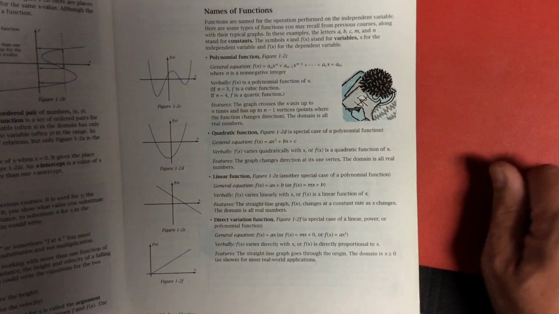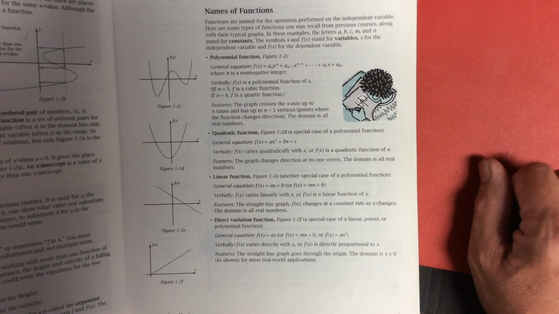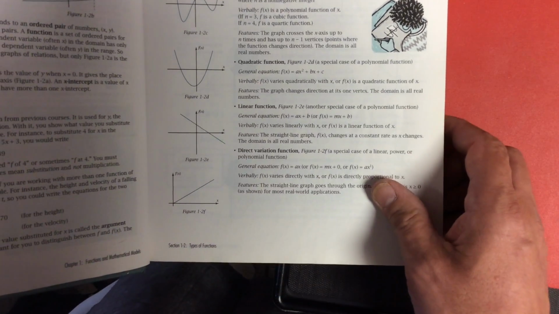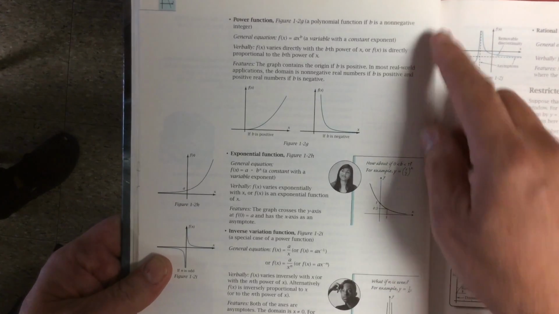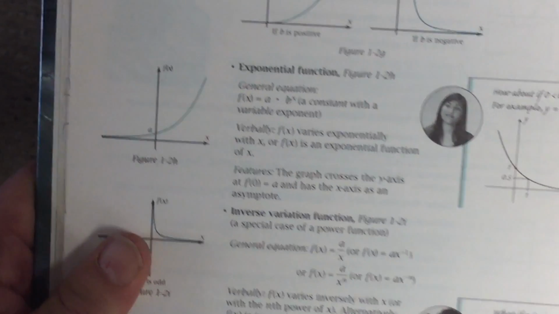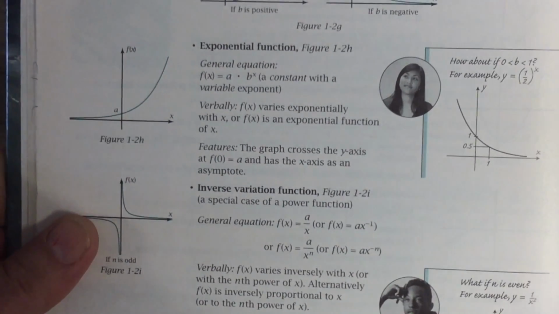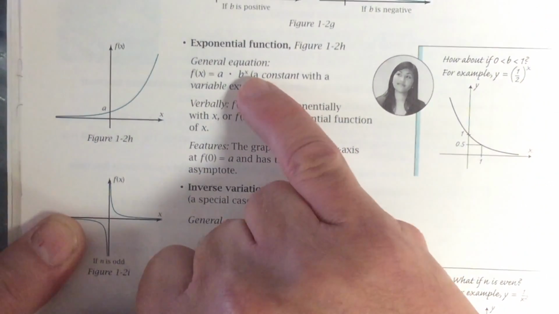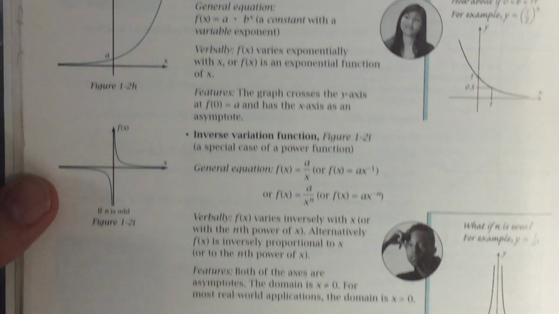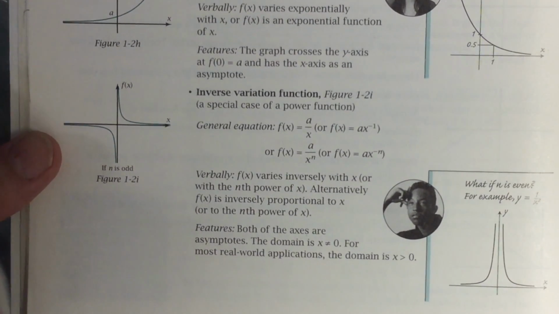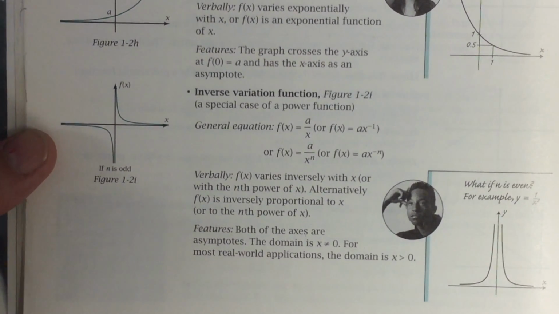In other words, points where the function changes direction. And then there's direct variation, which is a straight line that goes through 0, 0. Power function, right here, so-called because we are raising x to a power. So you've got power functions, you've got exponential functions, and that's the one where the variable actually shows up as an exponent. And you have inverse variation functions, where you wind up with x in the denominator.